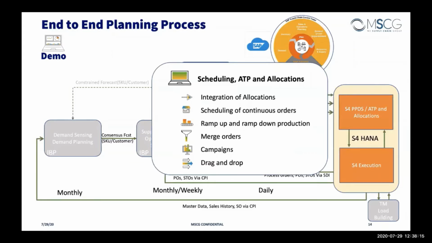Then, as part of the response, when we get these daily orders, we don't run those orders in daily format. We have to merge those orders. We might create campaigns within PPDS. And of course, the classic drag and drop features help the planner fine tune or refine the schedule within the execution windows, based on whatever issues or challenges might come in.